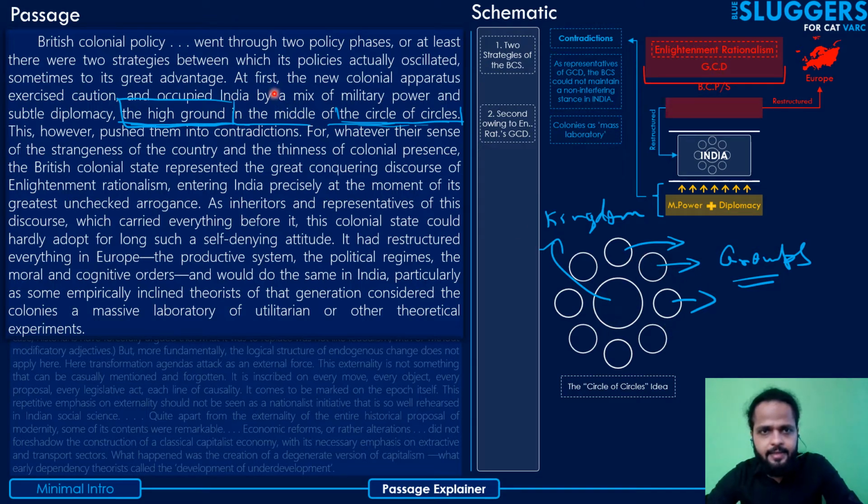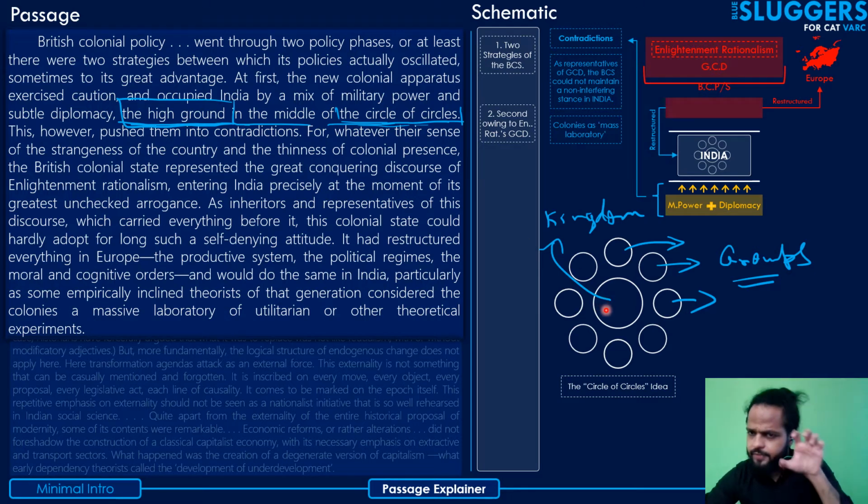So when he said that at first the new colonial apparatus exercised caution, what the Britishers did was simply acquire this central high ground in the middle of the circle of circles. They did not rampage through the whole geographical area, the groups and people who lived in the country.